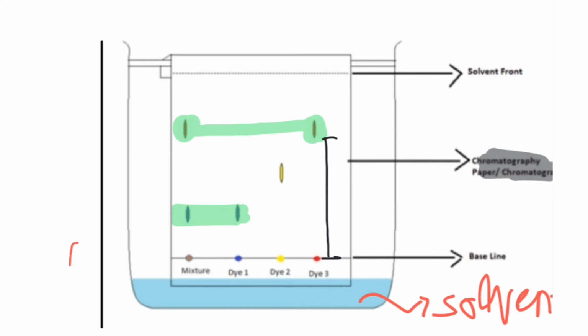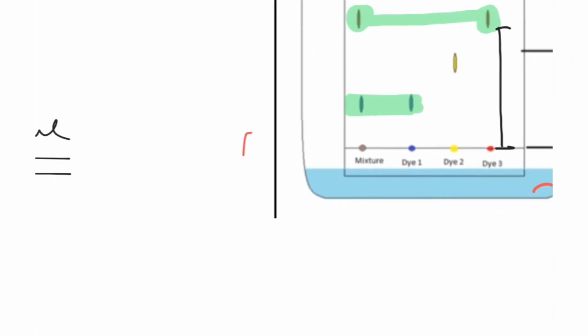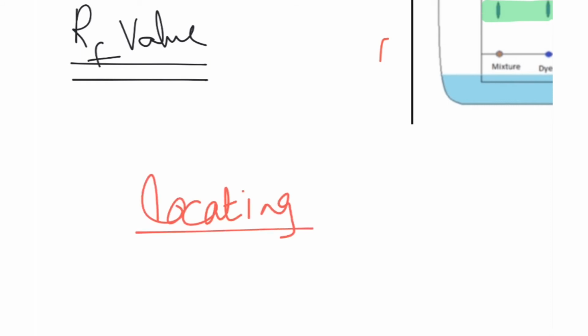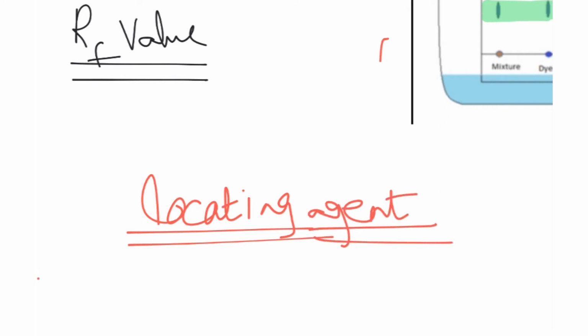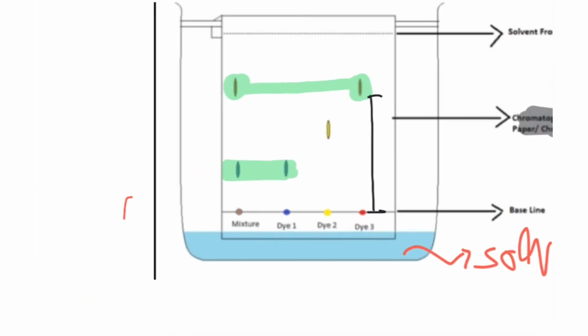Now, if a substance is colorless, we cannot see the spots on the chromatogram. For that, we use something called a locating agent. What a locating agent does is it reacts with the substance and makes it colored, so we can see the spots on the chromatogram.